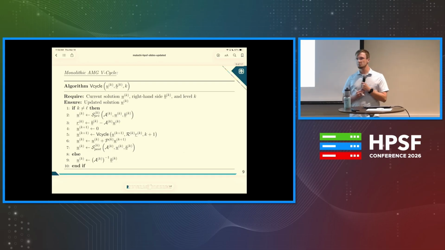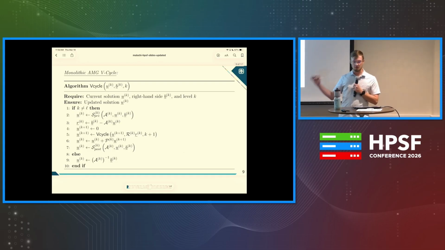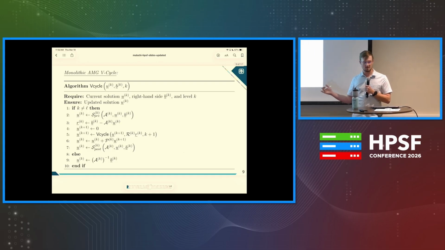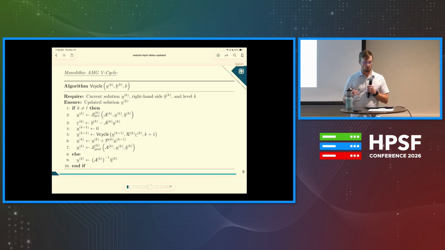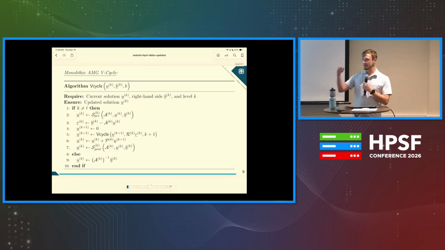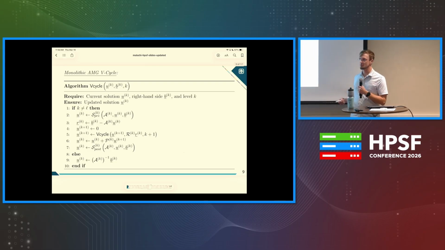Once I have all of that in place, everything else follows the standard algebraic multigrid V cycle, where you do some smoothing, compute your residual, then go onto the coarse grid, do that solve. Once you get the coarse grid back, you prolongate it back and do a smoothing. And then once you're at the bottom of the level, you actually do the coarse grid solve.